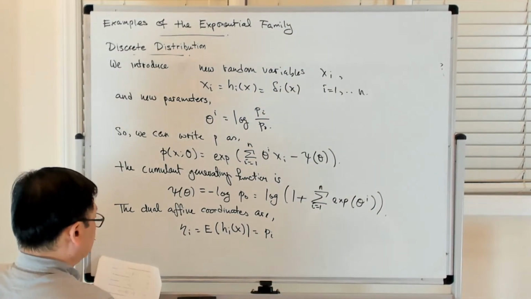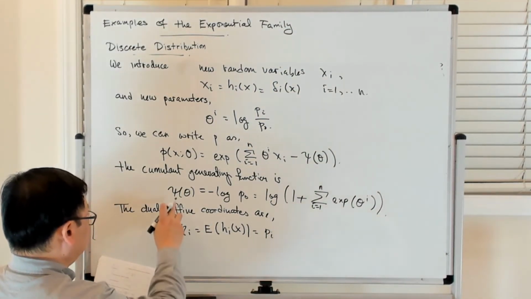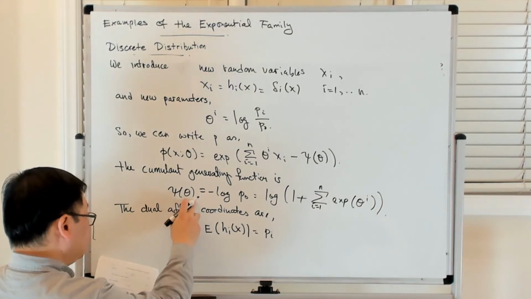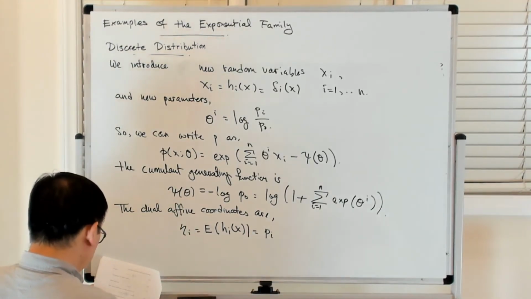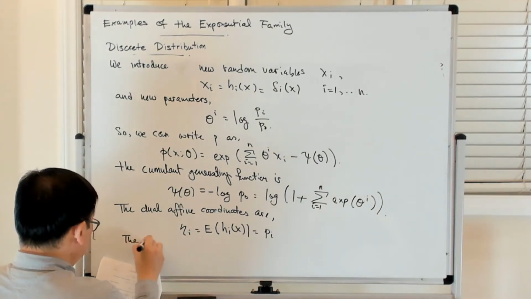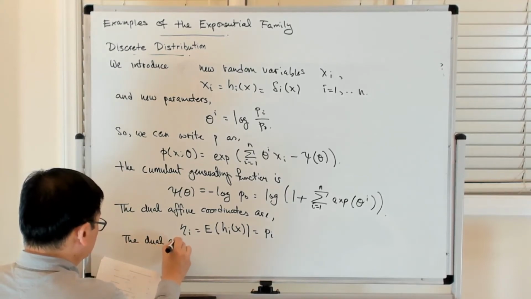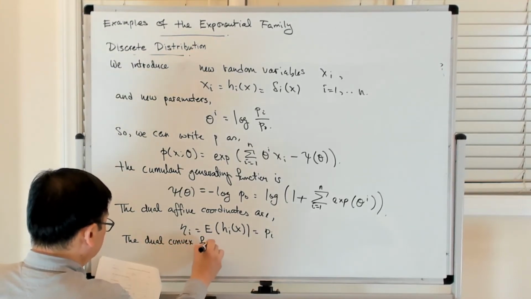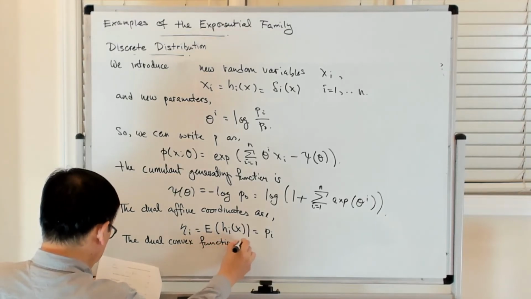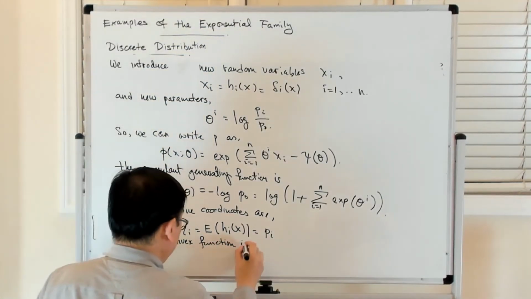So this is the convex function, and then there's the convex dual of it. The dual convex function is the negative entropy.